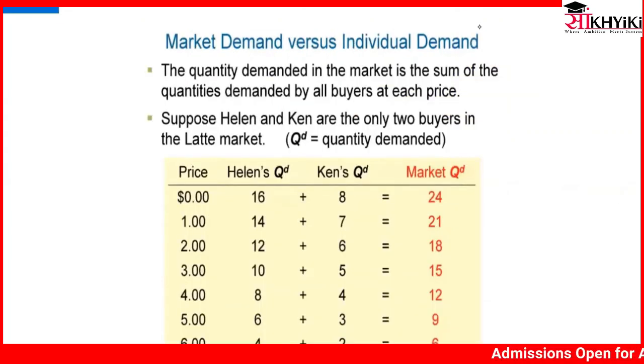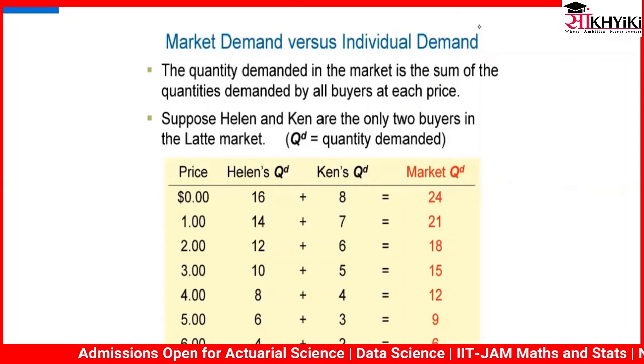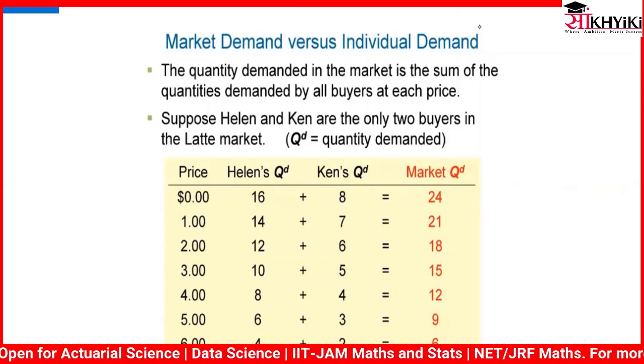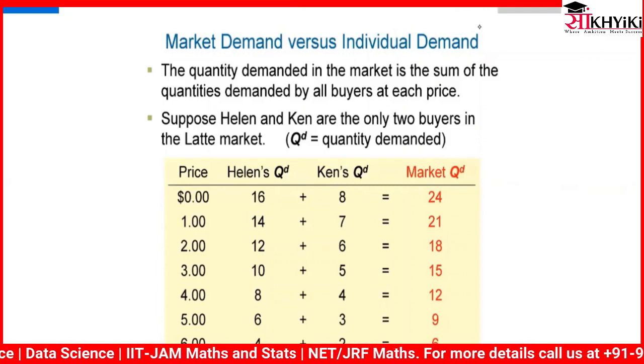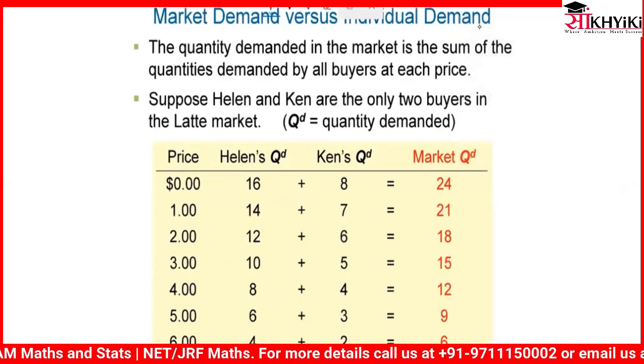Now, let's go and understand what market demand is and how it is different from individual demand. We now understand that for any particular individual, as the price keeps on increasing, the amount that individual would be consuming would be lower. That is true for any individual. So I take two individuals now.